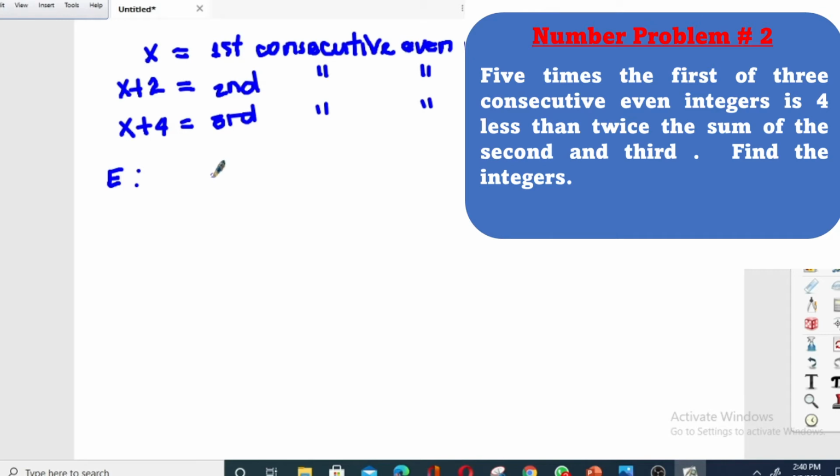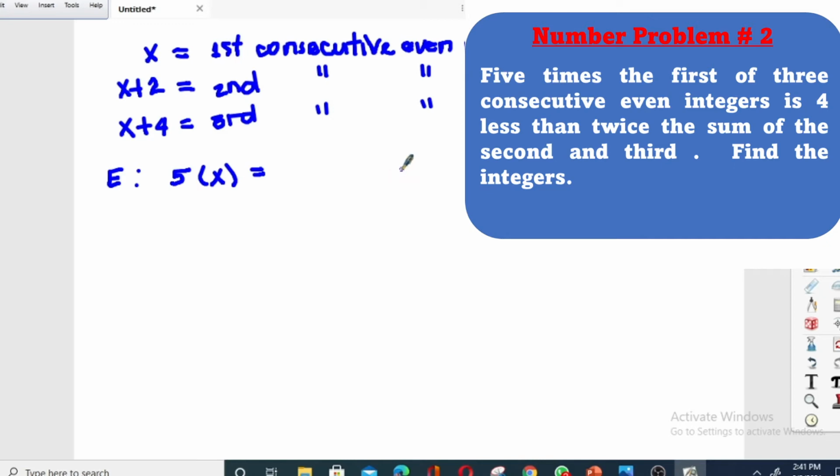So the problem says 5 times the first consecutive even integer is 4 less than twice the sum of the second and third. So 5 times the first. What is the first consecutive? That is x. 5 times the first consecutive integer is, that is equivalent to equal, is 4 less than.